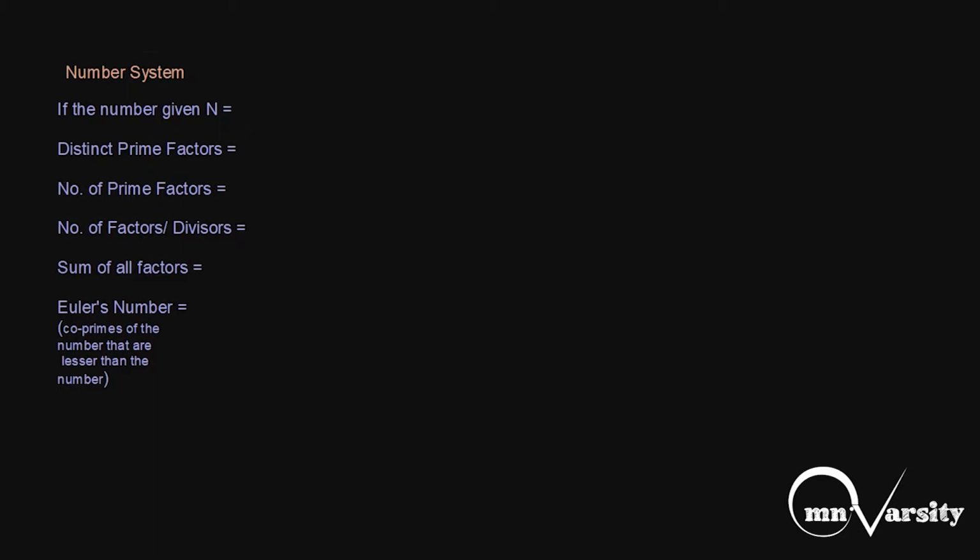Before we try to solve the number system problems, we need to remember a few formulas. If the number given N is equal to a to the power x into b to the power y into c to the power z, where a, b and c are prime numbers, then the distinct prime factors are a, b and c.